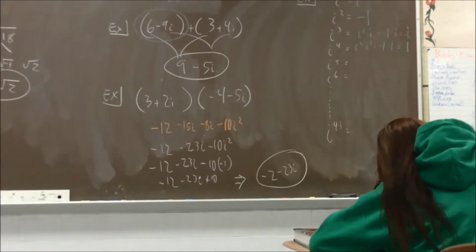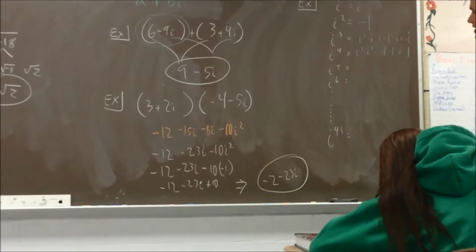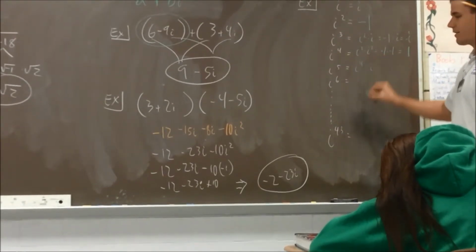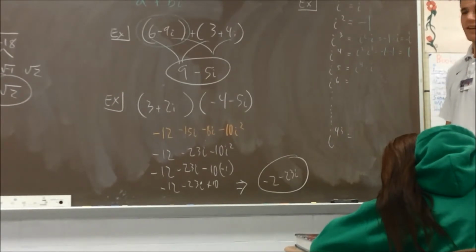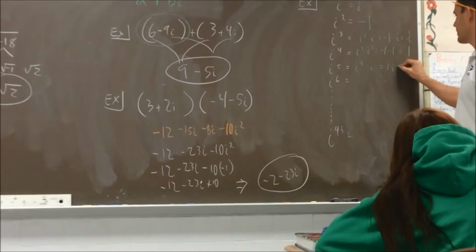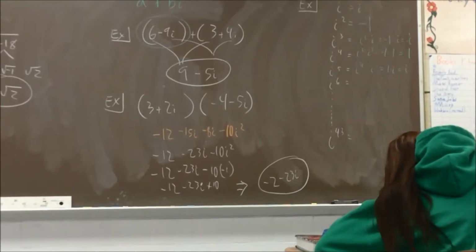What is i to the fifth? Well, let's see here. i to the fifth would be i to the fourth times i, right? So i to the fifth is really just 1 times i, which is i. Wow.